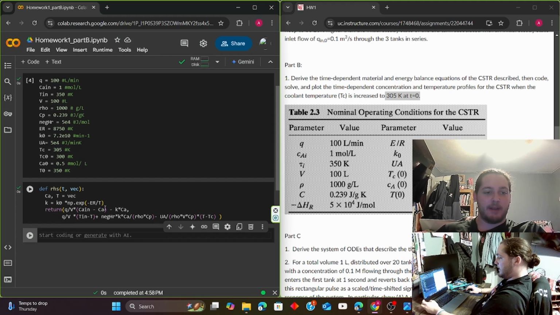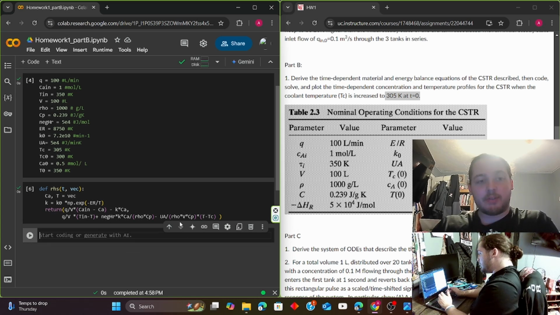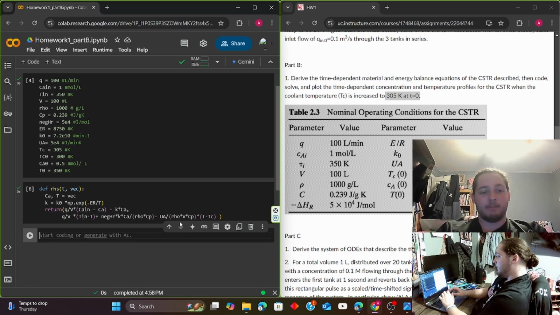We have defined the right-hand sides of both of our differential equations for the concentration and temperature of this exothermic reaction in the CSTR. We now want to use the solve_ivp function in order to get values and then eventually plot and analyze to see how this system performs under the simulation.